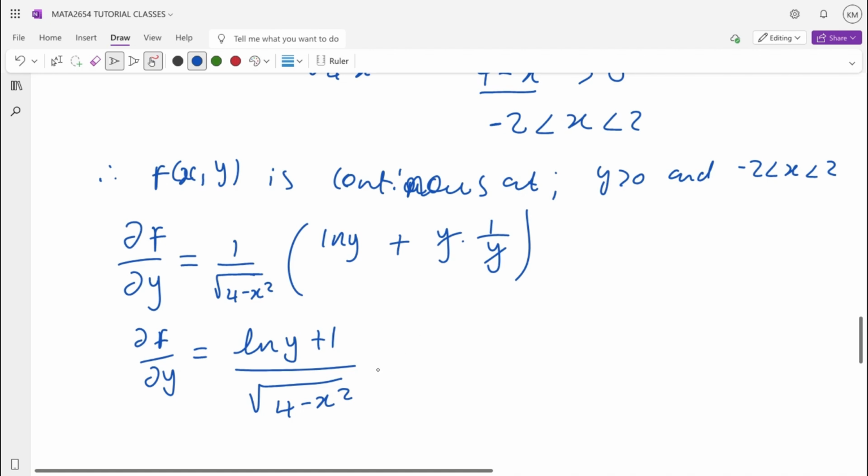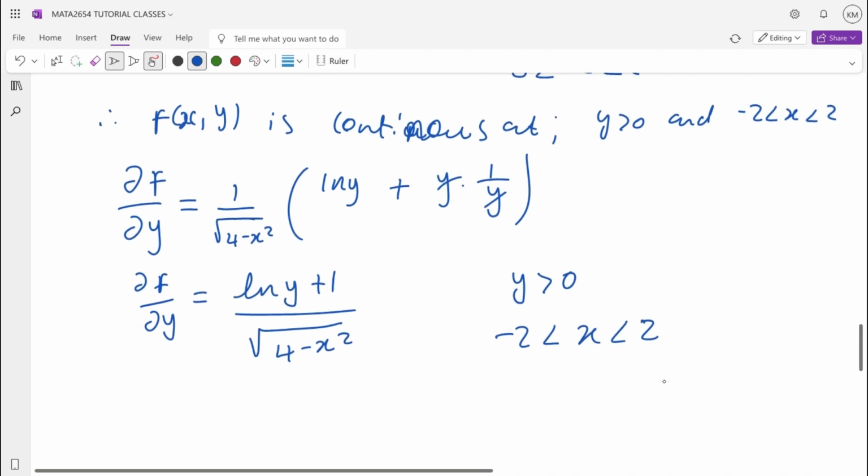So now similarly, you have to investigate where this function is continuous, okay? If we check again in the denominator, we see that y has to be greater than 0. That is the domain of the denominator. And at the numerator, we still have the same domain because it's still the same function, isn't it? So we just have x between minus 2 and 2. We still have the same parabola.